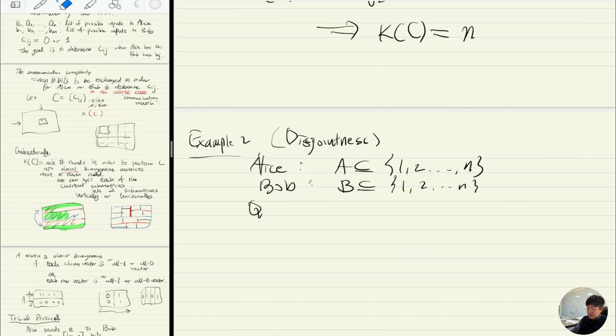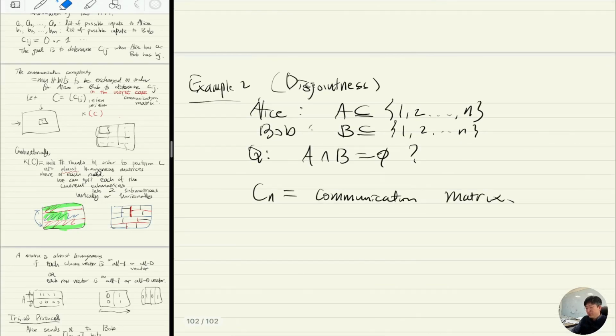The question is, do A and B intersect or not? Are they disjoint? Let's say C_n is the communication matrix. Now I want to know what the rank of C_n is.